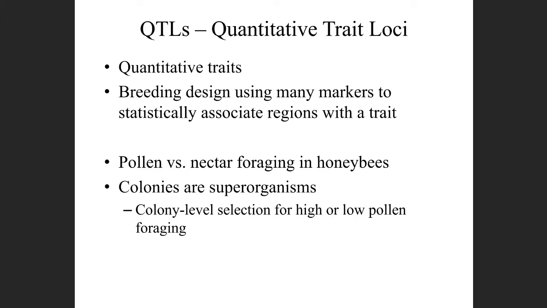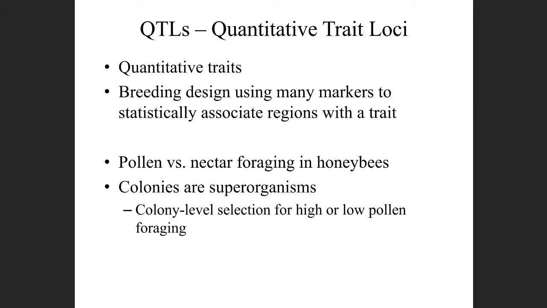And one of the really nicest examples in behavior is looking at pollen versus nectar foraging in honeybees. So honeybees, hopefully you know or remember the basic social system. You'll have a single queen.